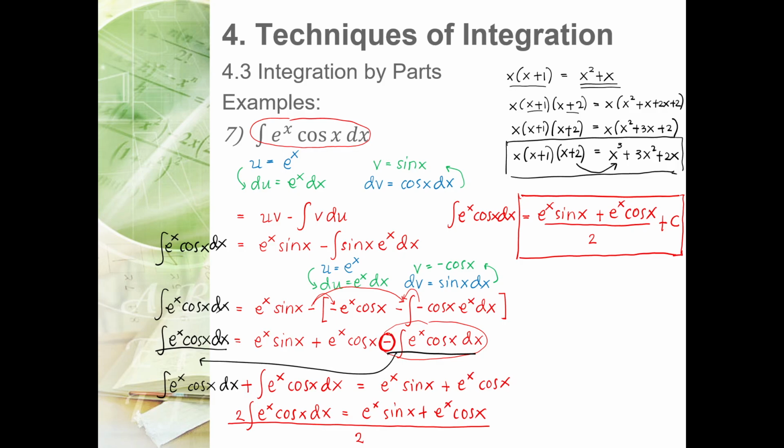Because if you have a positive sign here and then you transpose it to the left side, that becomes 0 because this one is negative na, diba? So try to remember that the remaining term or the equation that went back to the original equation has a negative sign.